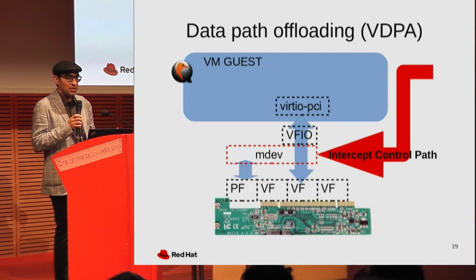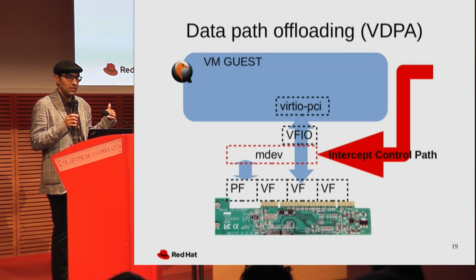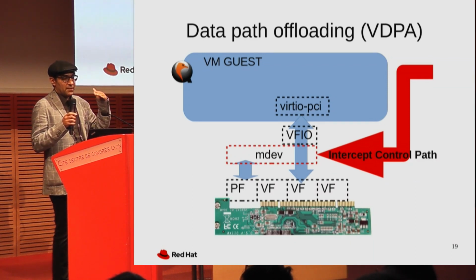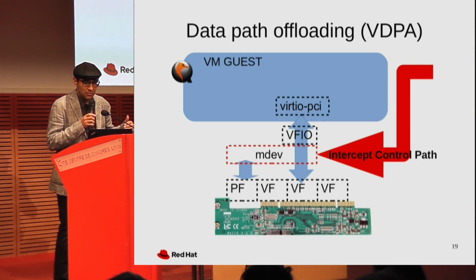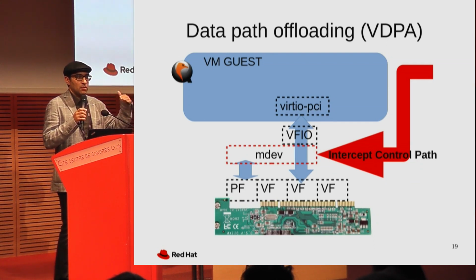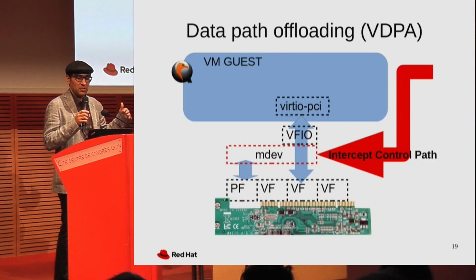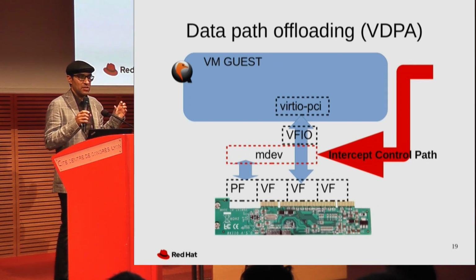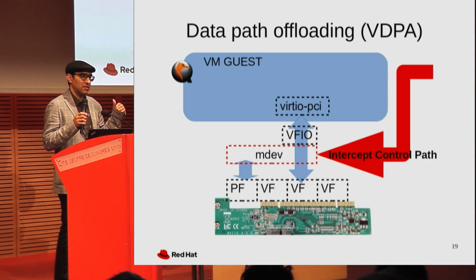Another option is to keep some part of the functionality in software. So we want to somehow inject a vhost mdev, that's the red square here, between your guest or your software and the device. I'm going to talk about this a bit more later. But the idea is we just intercept the control path operations, and that's why people call this data path offloading.